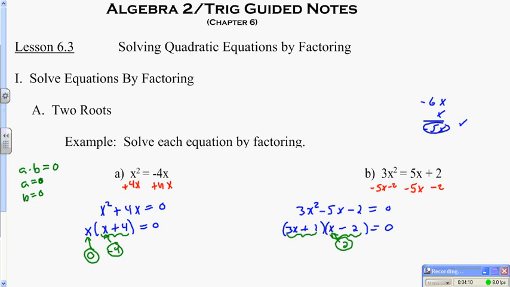It's not as difficult as it may seem, but really all we're asking ourselves is, how do we get 3x plus 1 to become a 0? And the simple way to solve that is just to actually write it out as an equation. How can we get 3x plus 1 to equal 0? And then it's just a matter of solving for x. Divide by 3. So the other one is negative 1/3.